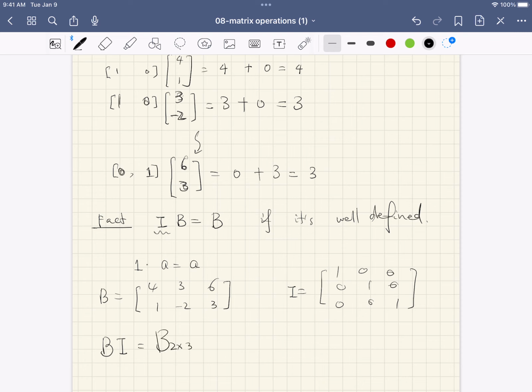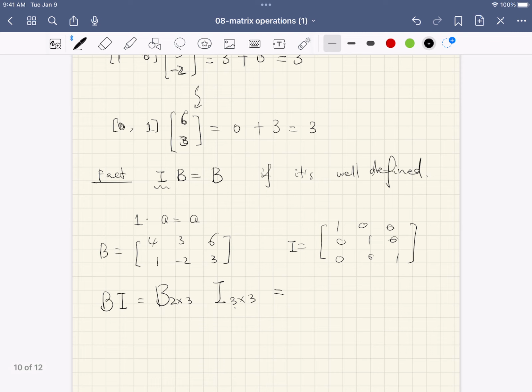B is 2 by 3. I is 3 by 3. Is it multiplicable? Yes, because the second component of 2 by 3 and the first component of 3 by 3 are both 3. They're equal to each other, so this makes sense. And the product is a matrix of 2 by 3.